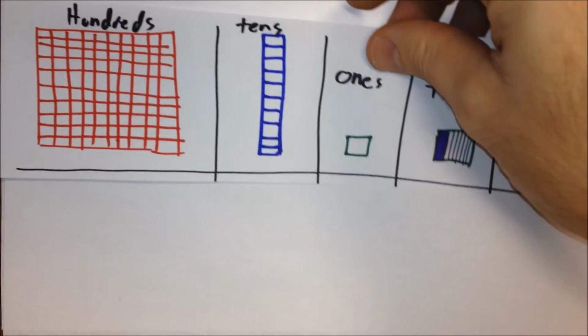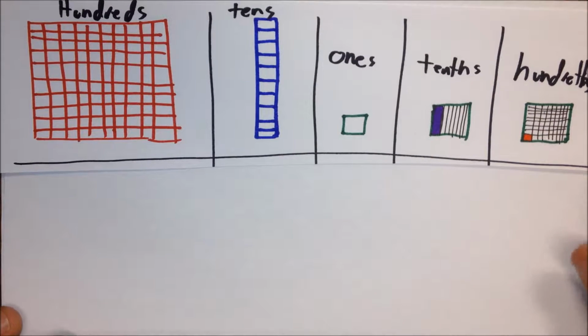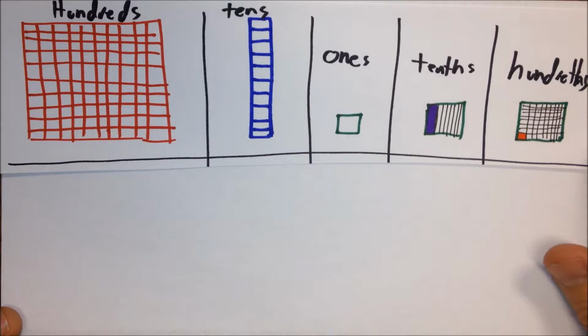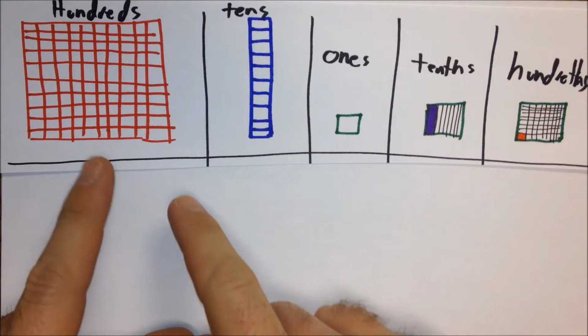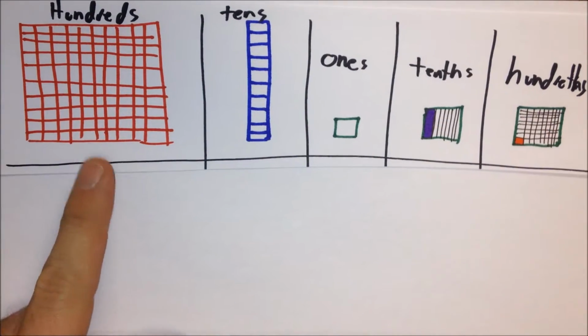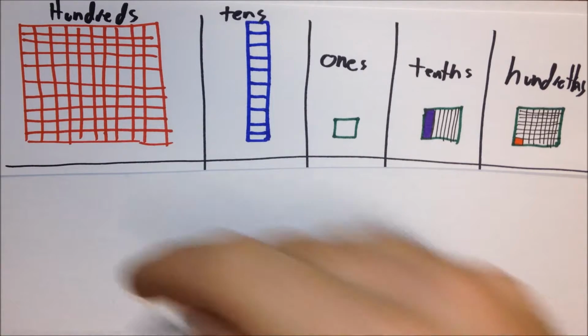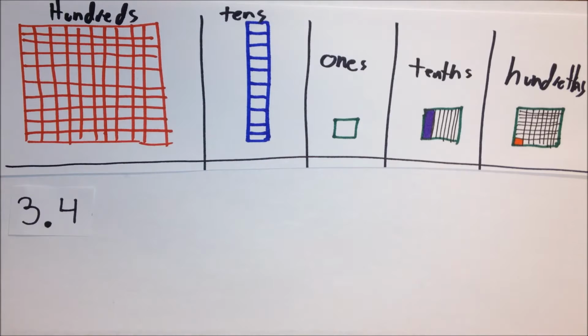So let's go back through this problem. And this time, let's do the problem with our hundreds, tens, ones, tenths, and hundredths chart that we had from last time. Let's write both of these numbers down in terms of our chart. So what is the number 3.4 on this chart?